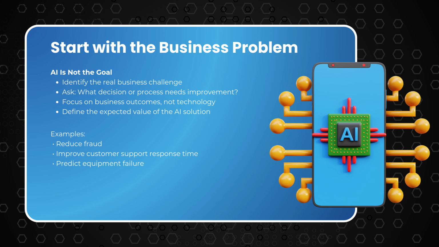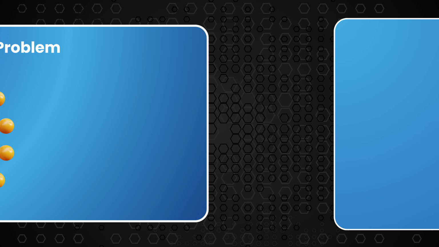The focus should always be on business outcomes, not on technology. For example, an organization might want to reduce fraud, improve customer support response time, or predict equipment failures before they happen. When the business problem is clearly defined, the AI solution becomes much easier to design.